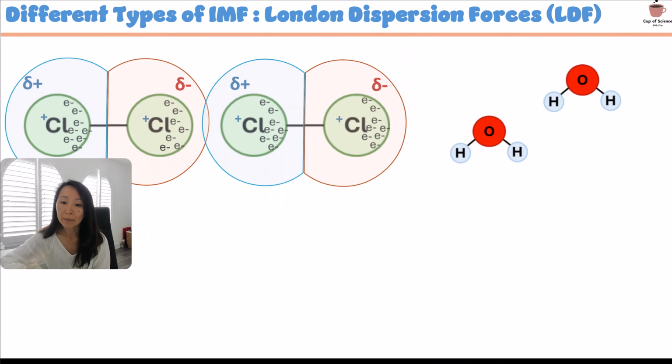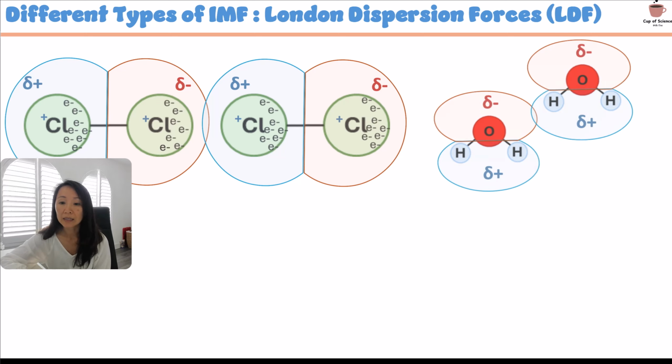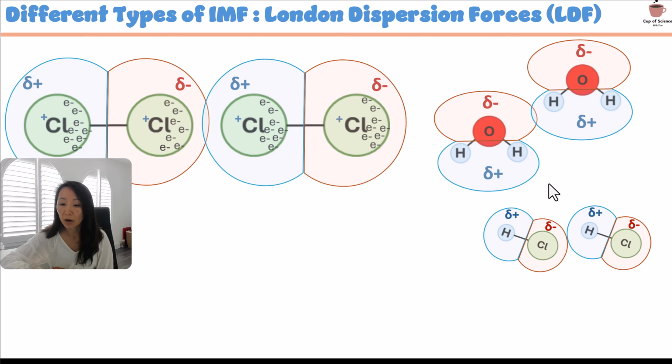This can also happen to a water molecule, which is a polar molecule, not based off hydrogen bonding, but rather because there's just a shift in the electrons at a brief moment where all the electrons are spending their time on one side, exposing the protons and causing a partially positive charge on the other side. The interaction between the two is this partially negative and positive. This is London dispersion. This could happen to some other polar molecule like HCl as well.